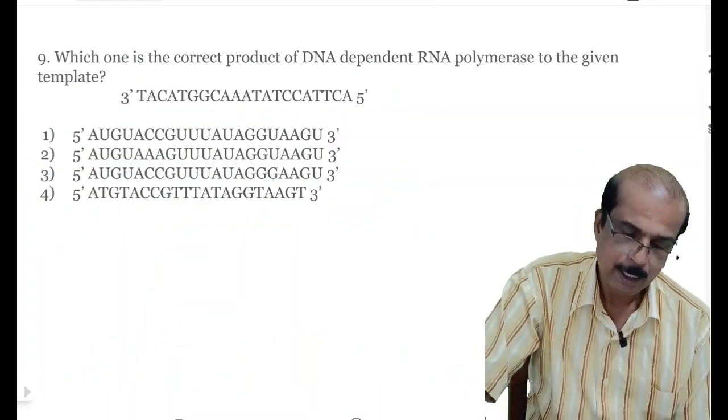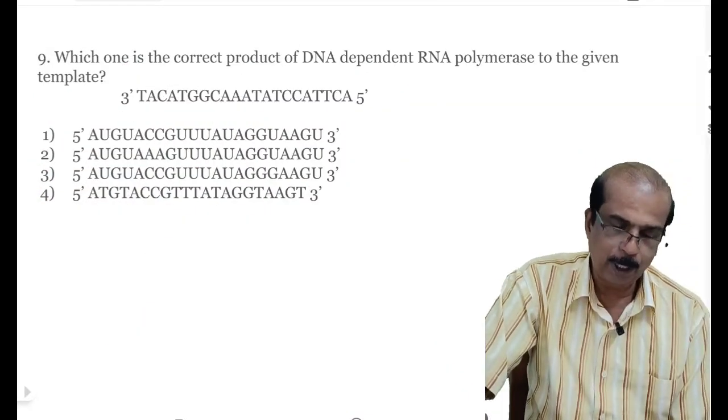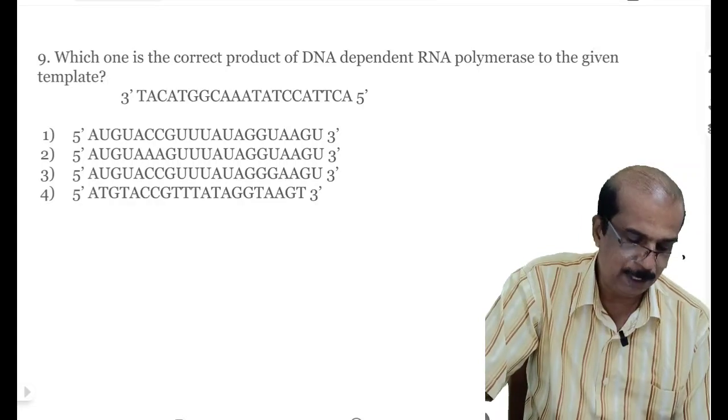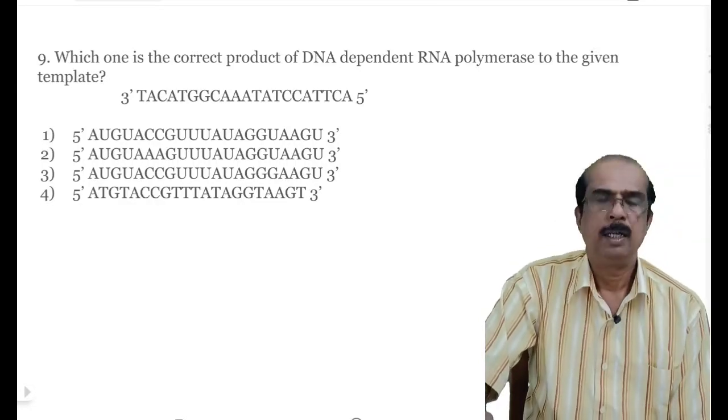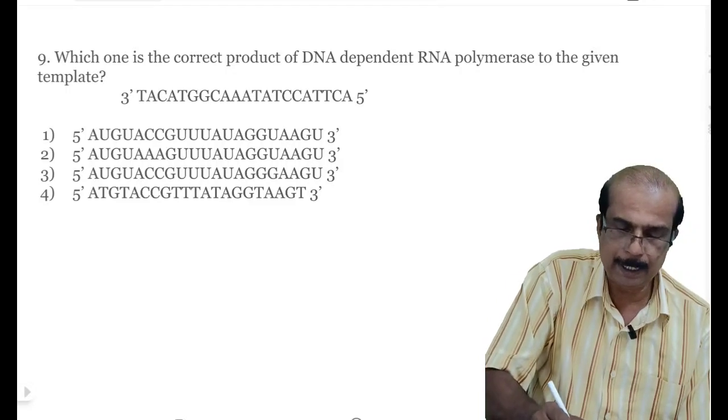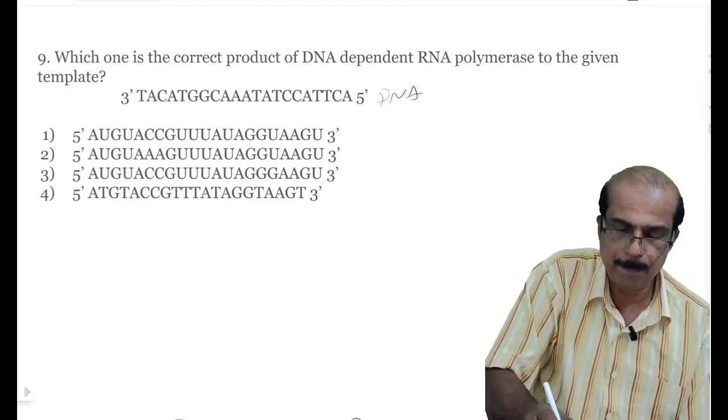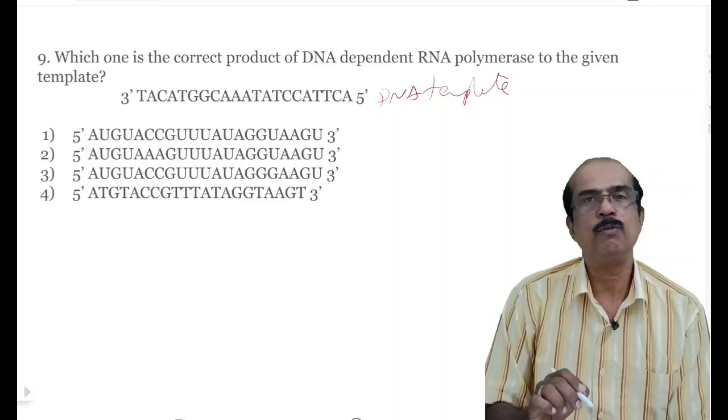Move to the next question. Which one is the correct product of DNA-dependent RNA polymerase to the given template? Here the DNA template is given, in the direction 3' to 5'.